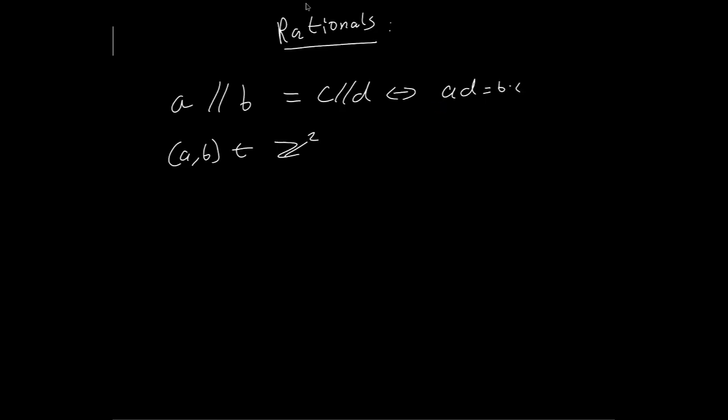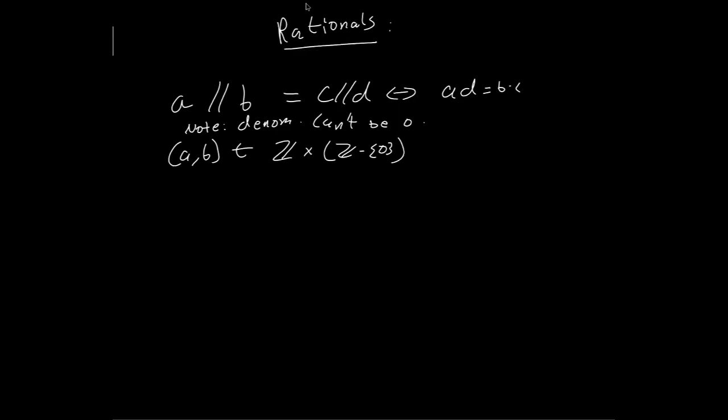And note, I guess this should really be Z times Z minus 0, because the denominator can't be 0. Or we haven't defined a denominator, but the second term can't be 0.